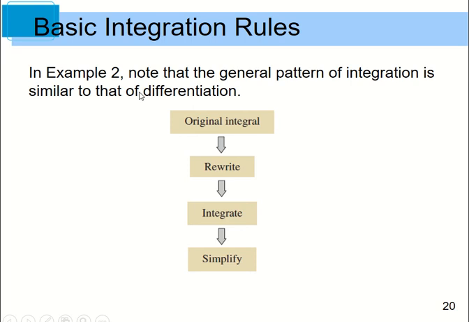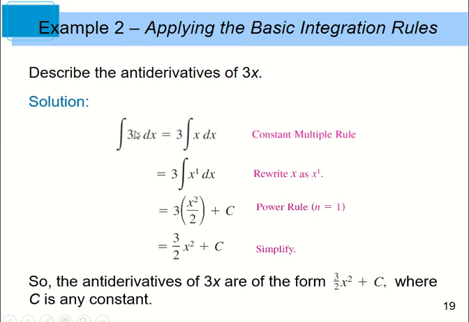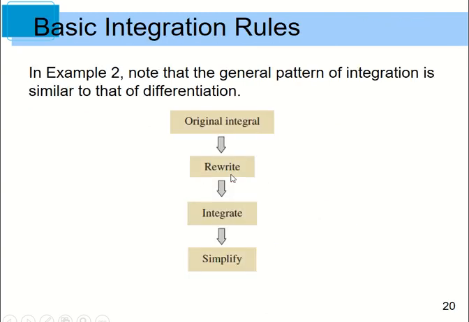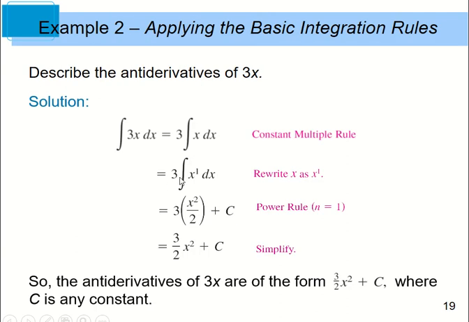Now in example 2, these are the general steps we use for integration. First we have the original integral. We rewrite it as 3 times the integral of x to the power of 1.